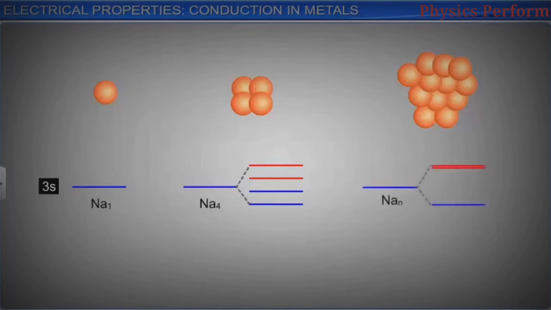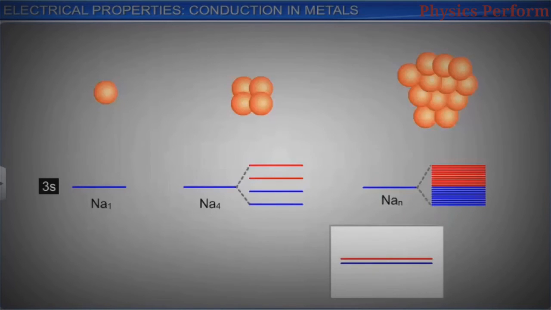Consequently, the difference in the energy between them becomes very small. Thus, in solids, the energy levels form continuous bands of energy rather than discrete levels of energy.